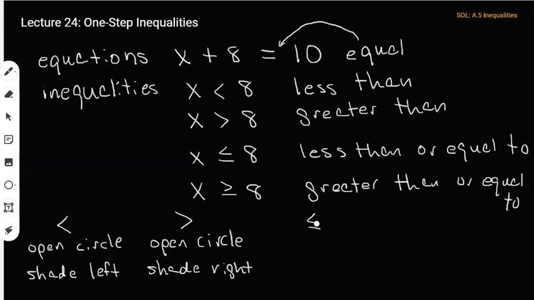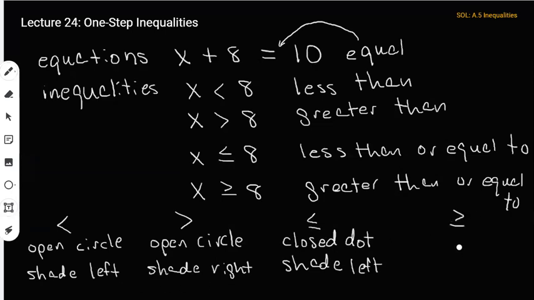For the less than or equal to symbol, we're not going to have an open circle. Since we have this equal to sign under it, that means we're going to have a closed circle, or a closed dot. And since it is less than, that also means that we're shading to the left, just like we would if it was a less than symbol.